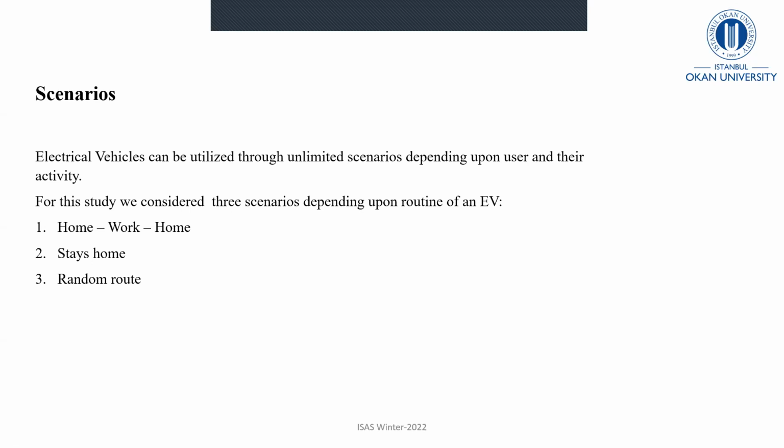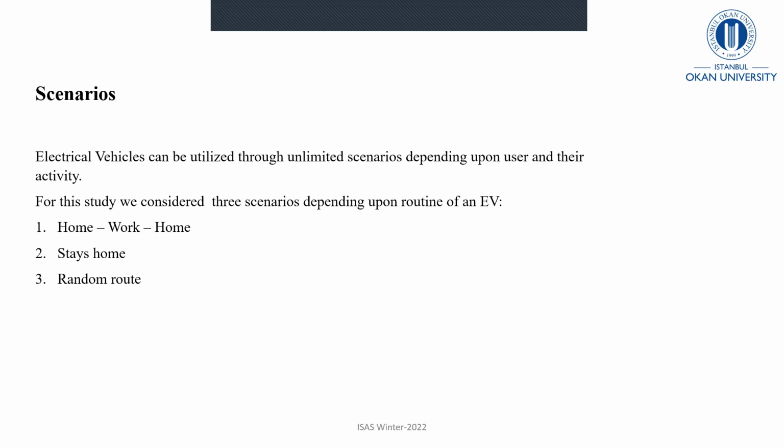For example, if 30% of the battery has been consumed going from home to work, and it sells the remaining 70%, there is no benefit. So it needs to decide how much to sell, since we need to go back home.